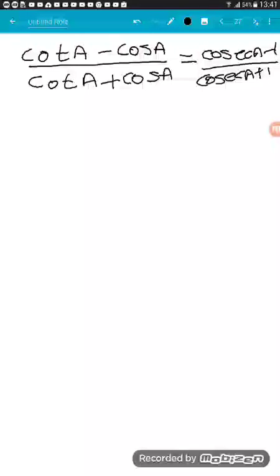Now we will solve LHS. Cot a, as we said, that we have to always change into sin a and cos a. So we will change cot a into sin a and cos a. Cot a is 1 by tan a, and tan a is sin by cos a, so cot a will be cos a by sin a.